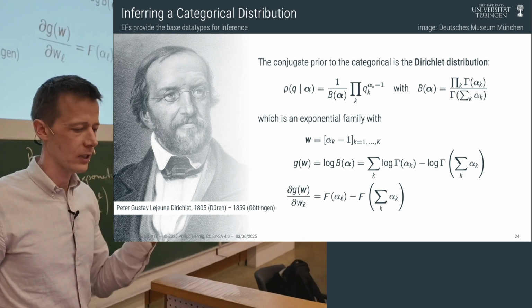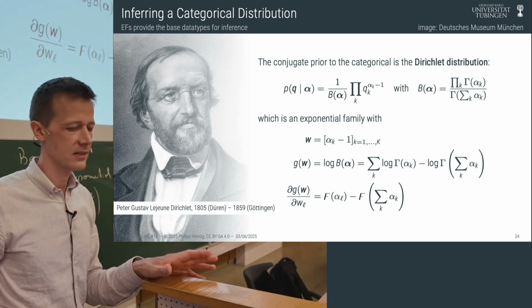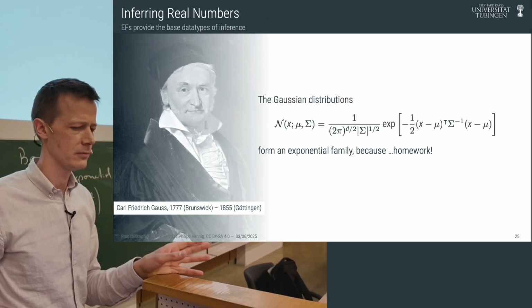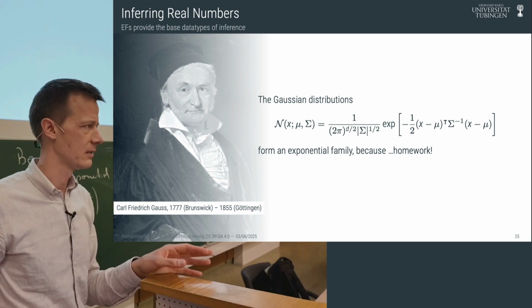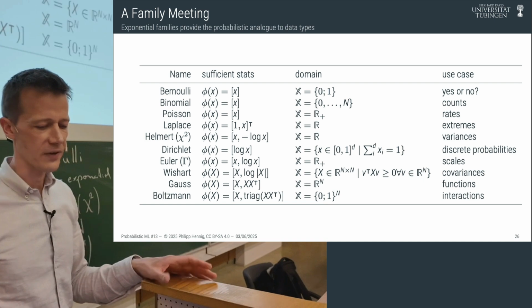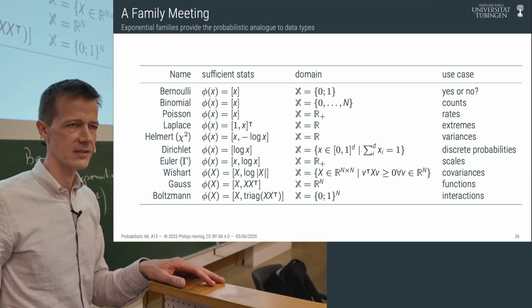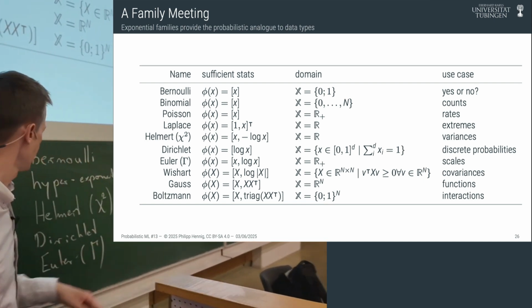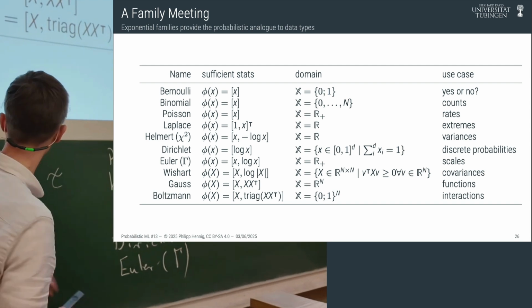As you already found out on a previous exercise sheet, of course, the Gaussian distribution is also an exponential family. I just feel like I have to say it out loud once, but you probably know. In fact, here's a long list of various exponential family distributions. Let's see which ones are on the slide.